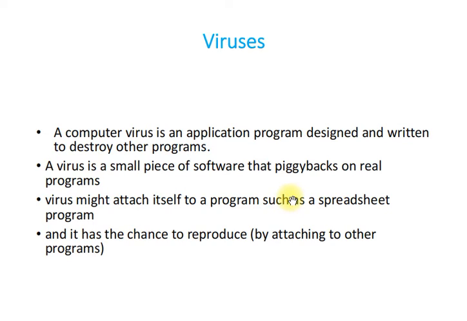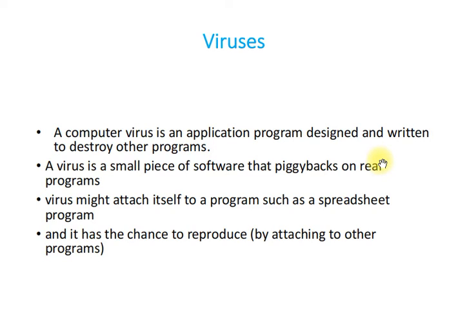Okay, so a virus, of course, is a small piece of software that piggybacks on real programs. The virus might attach itself to a program such as a spreadsheet program, and it has a chance to reproduce by attaching to other programs. So it's able to make copies of itself. It's able to attach to things like emails and whatnot. So the main point here is the virus basically gets to destroy other programs.